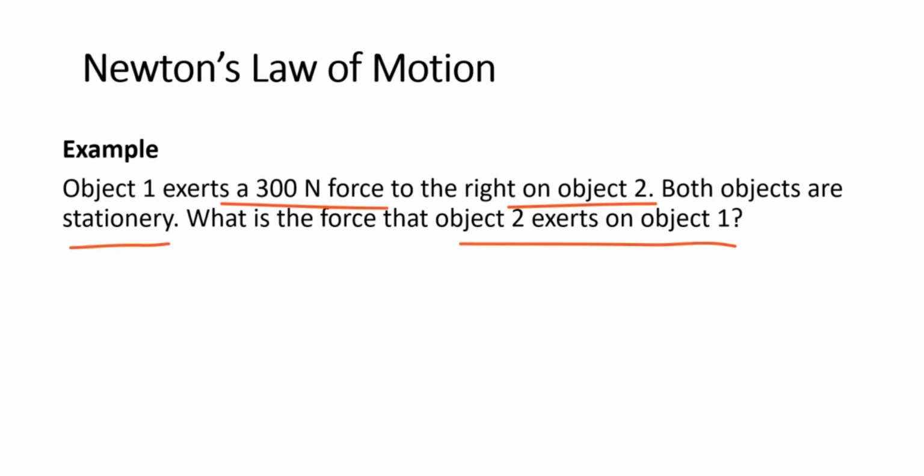So now, the third law of motion states that the force from object 2 on object 1 is equal in magnitude but opposite in direction to the force from object 1 on object 2.